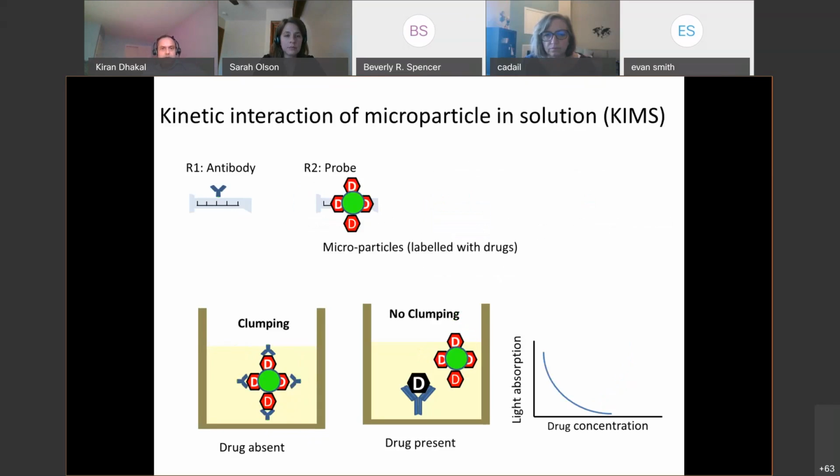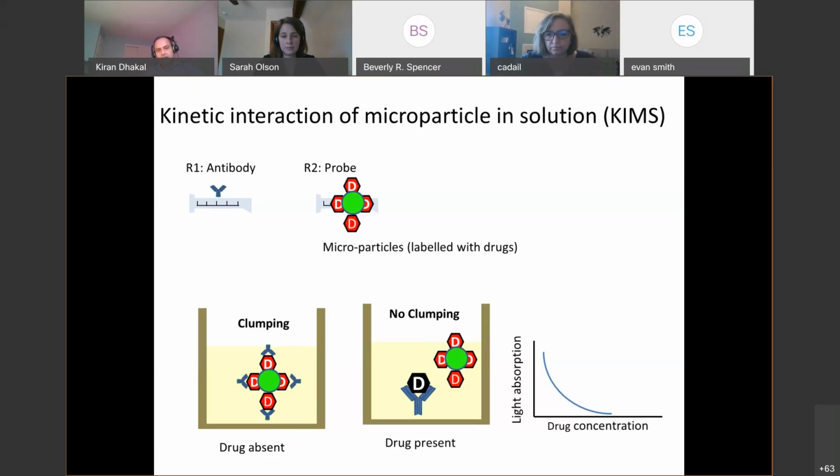Another not very common but widely used immunoassay uses a probe called a microparticle. It's called kinetic interaction of microparticles in solution. So some kind of microparticle is used as a probe in this assay. These microparticles are labeled with drugs, and when drug is absent, the antibody will react with that probe and form a clump.